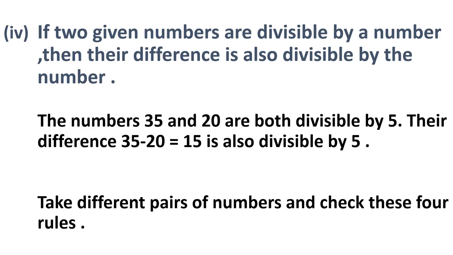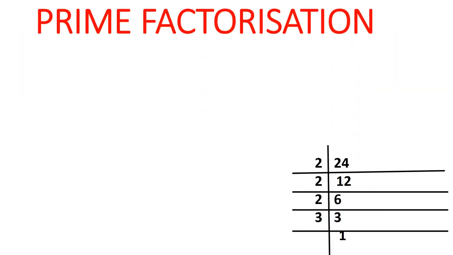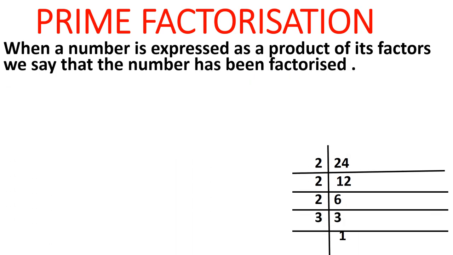Now our next topic is prime factorization method. See beta, when a number is expressed as the product of two numbers, then those two numbers are called its factors, and the product is called a multiple. This we have done in the very first chapter.